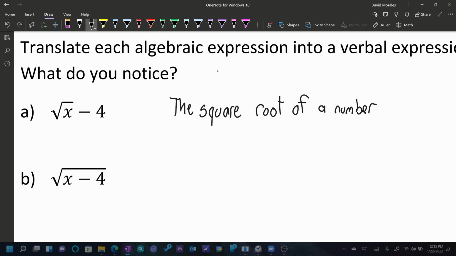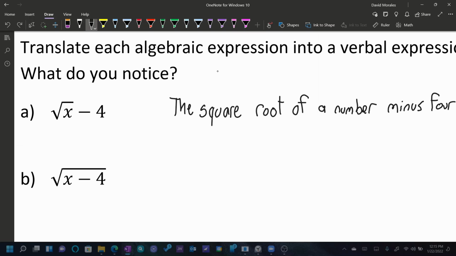and I do not put an and because otherwise I'm including more items in the square root, so there's no ands. Now I'm just gonna put an action here, minus 4. So the square root is only including the x, which you see in that case.